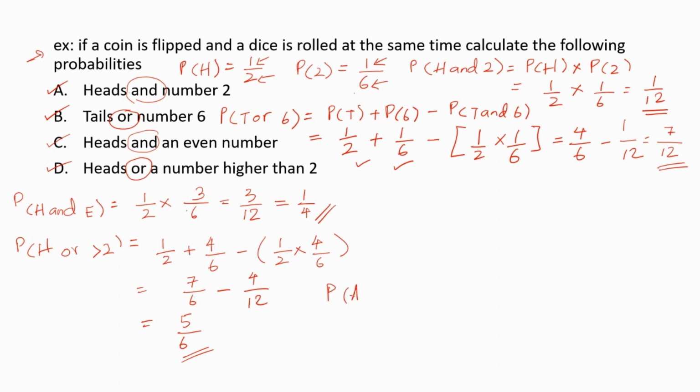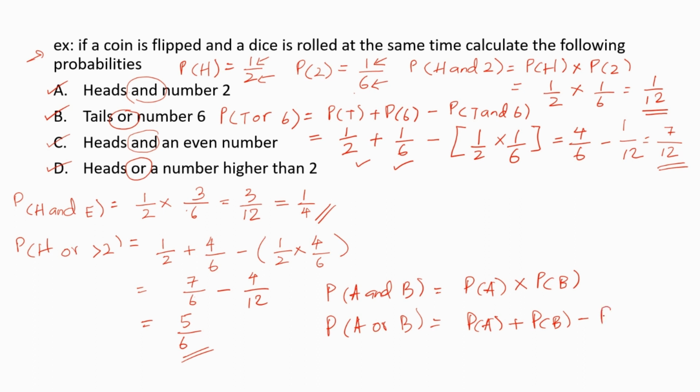Probability of A and B equals probability of A multiplied by probability of B. The addition law is probability of A or B equals P(A) plus P(B) minus P(A and B).